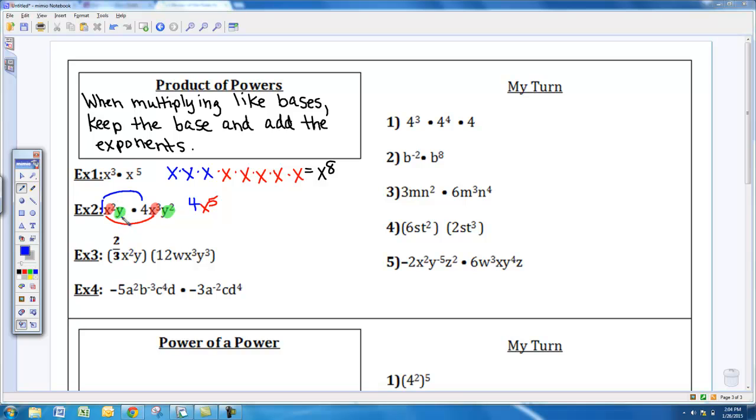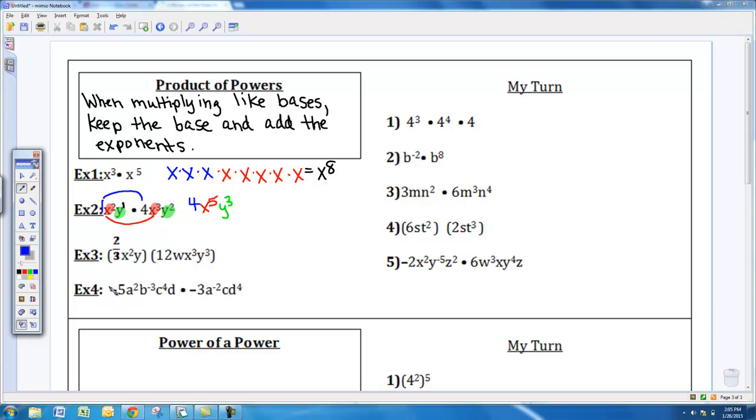Well, there is no exponent on this y, so what exponent do we put there? We're going to put a 1 when there is no exponent. So y to the first times y squared will give us y to the third. 1 plus 2 is 3. All right, let's move on to another example.